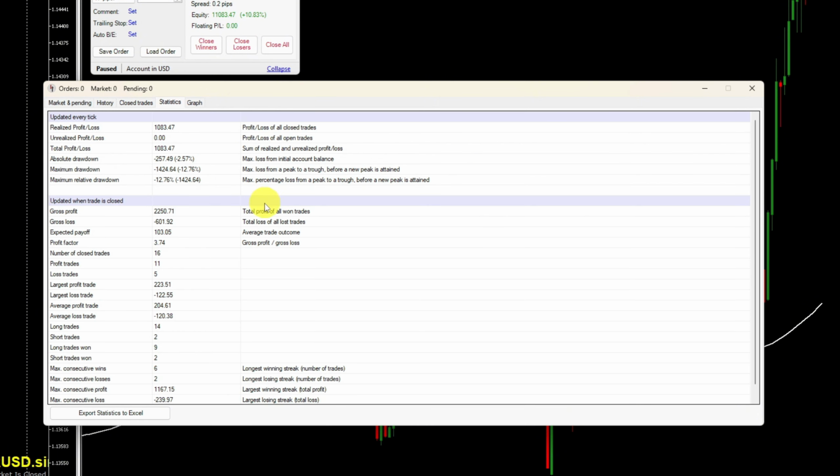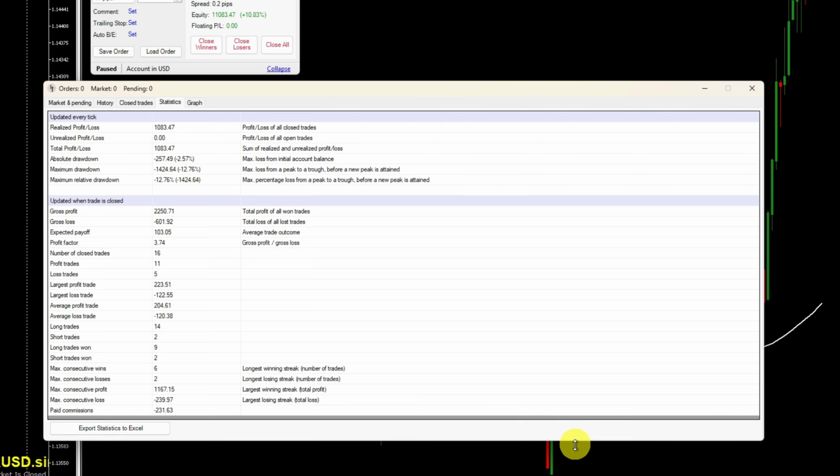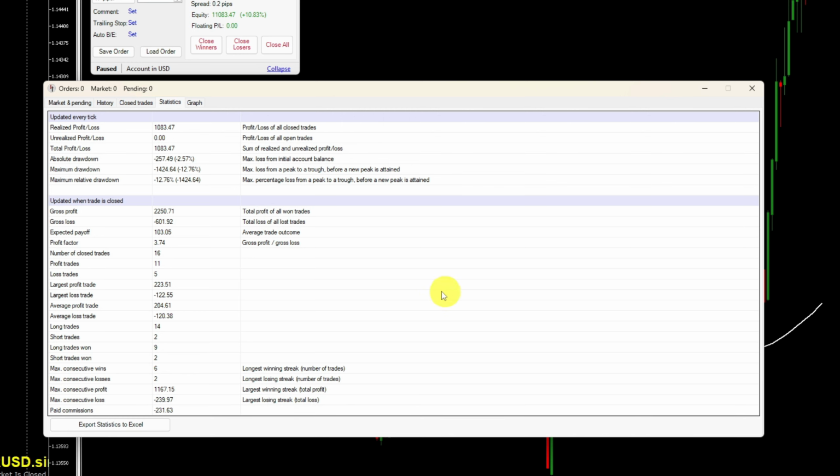Looking at the numbers, we made our 10% profit, which was the main target. It took us 16 trades, a total of 11 profiting trades and 5 losing trades. Profit factor is the important thing here, 3.74.